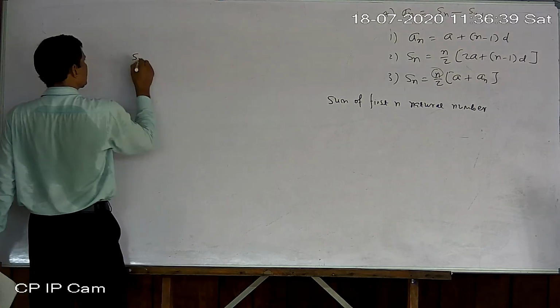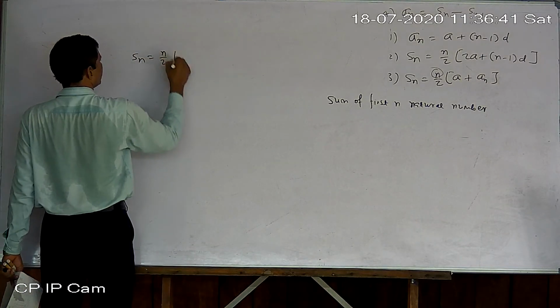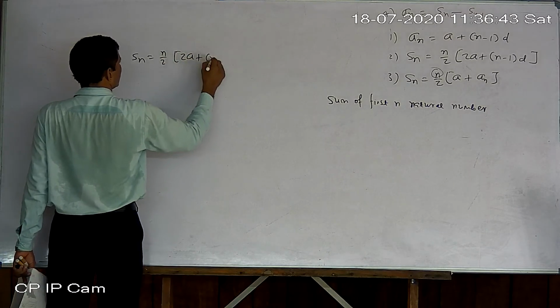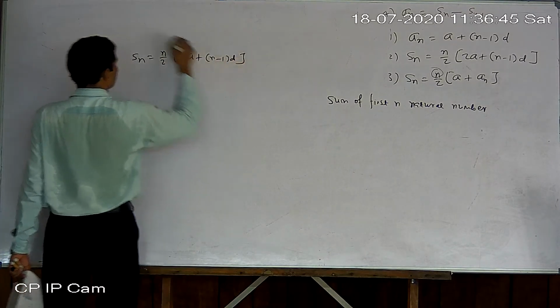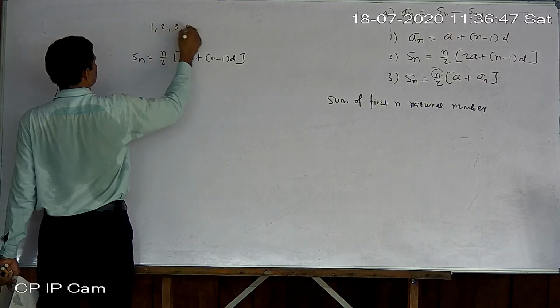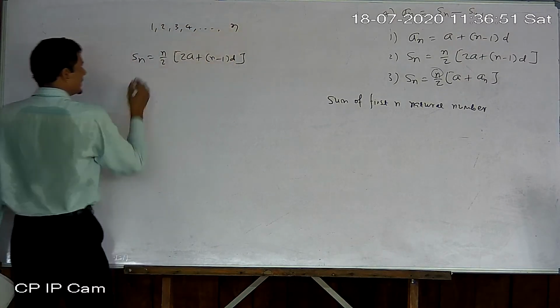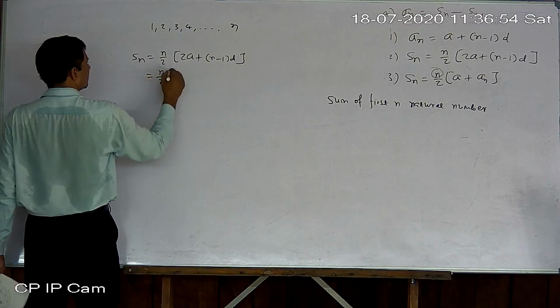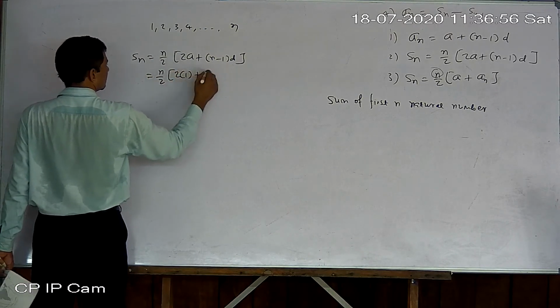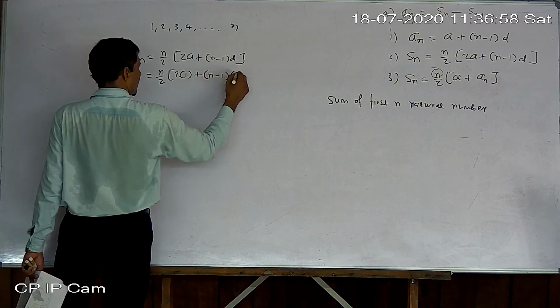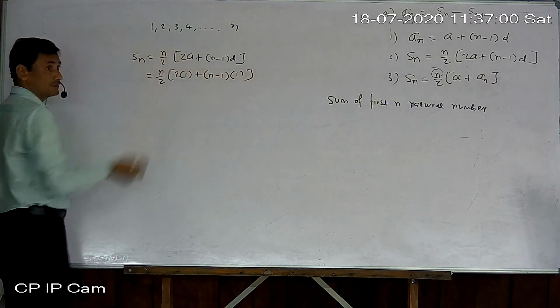Suppose I use the Sn formula. Here I am talking about the first n natural numbers, meaning positive integers. So obviously n will be n, a will be 1 and d will be 1, the difference also 1.